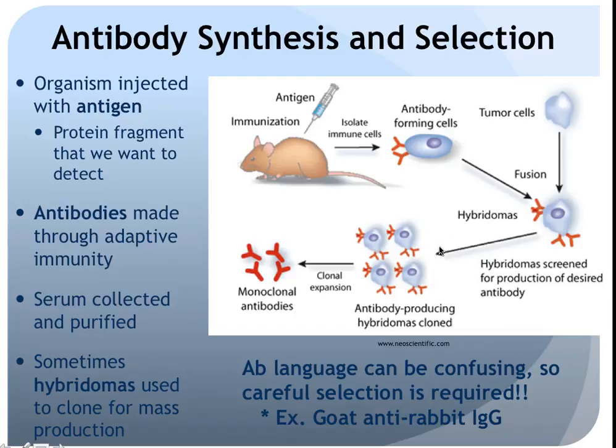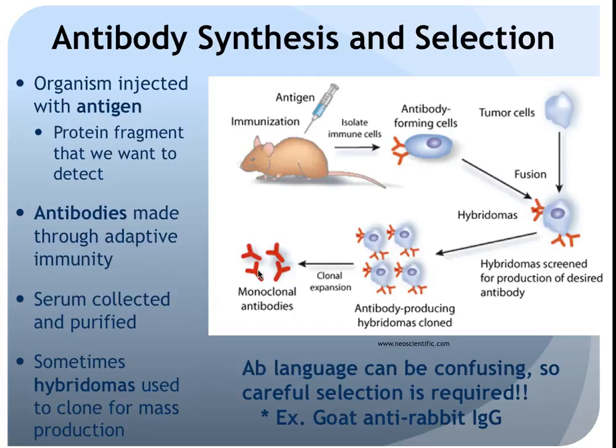What we end up with is lots and lots of production of a very specific antibody, and that's what we call monoclonal. So hybridomas can be used. A lot of times they don't use hybridomas, and the difference really is how specific you want to be and how much detection you want to get. We'll get to that in a couple of seconds.